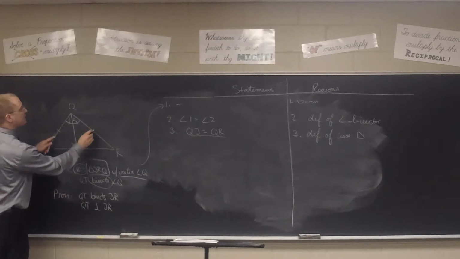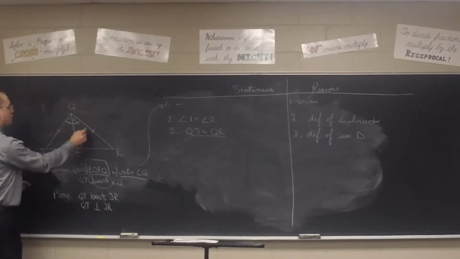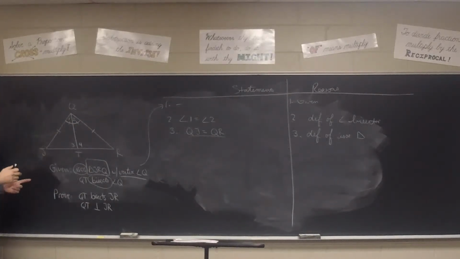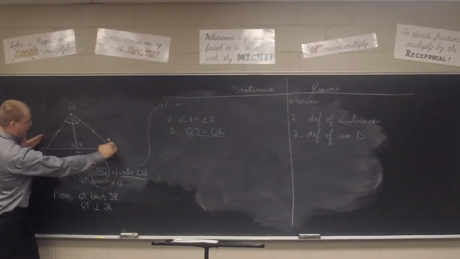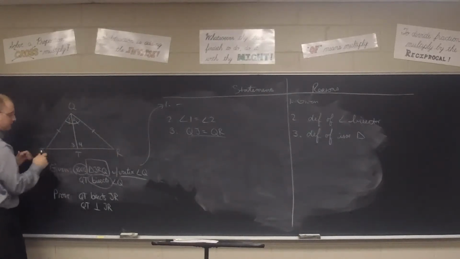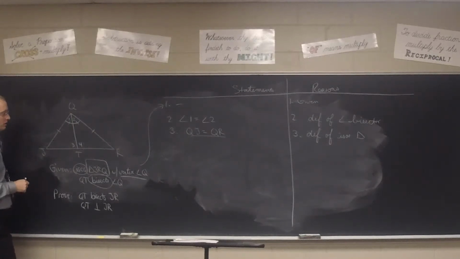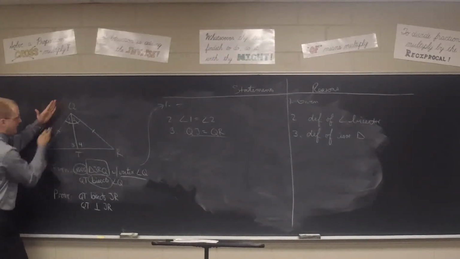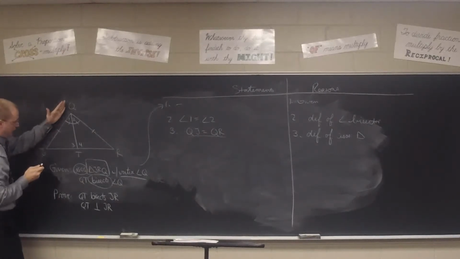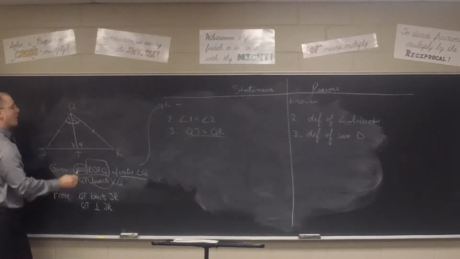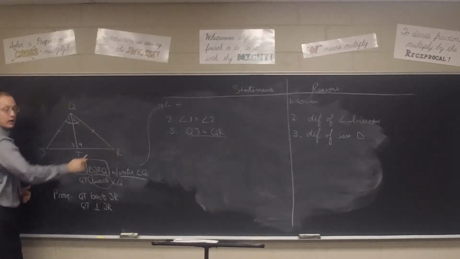So Audrey, if indeed QR and JR are equal, what angles then must be equal in this triangle? In this triangle, this line is sort of blurring your vision here, but the triangle is still QJR. So what angle of this triangle is across from QJ? Angle R. And what angle is across from QR?